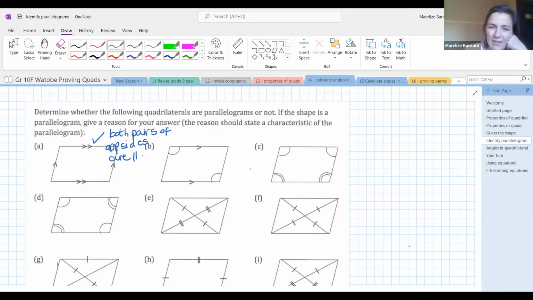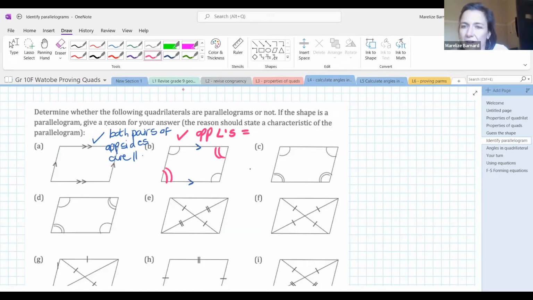Some of you are on the right track. We've got the parallel sides and the opposite sides are equal. And because of those parallel sides, we'll actually end up with these angles also equal because of the co-interior angles. So yes, this is a parallelogram. And the reason for that is the opposite angles are equal.